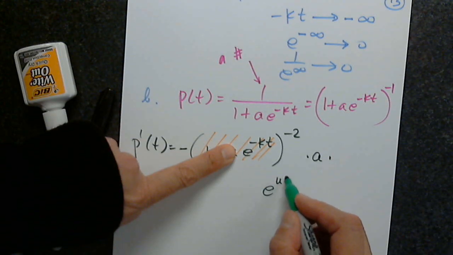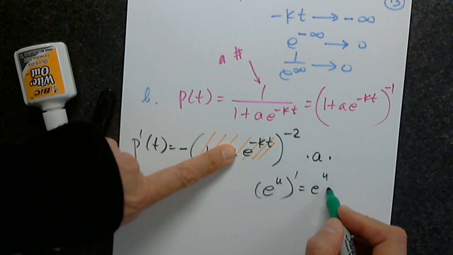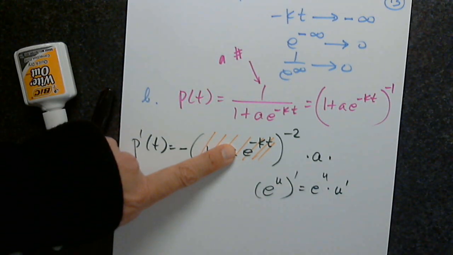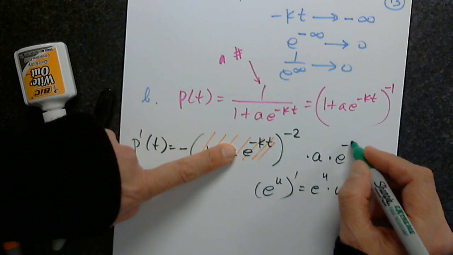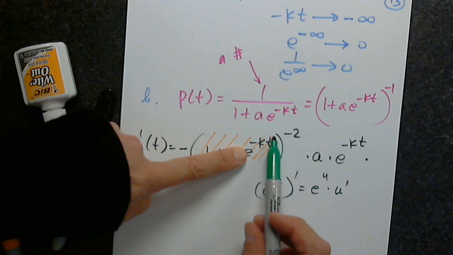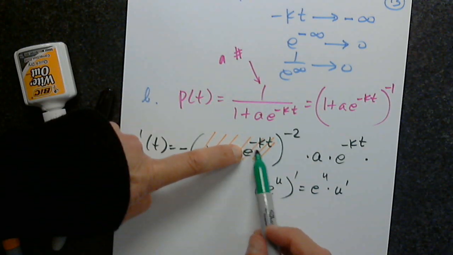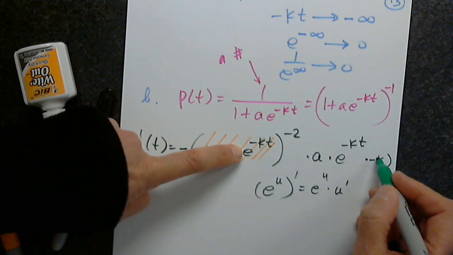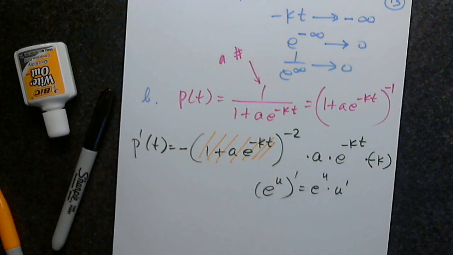So e to a function prime equals e to a function times the inner function prime. So this will be e to negative kt multiplied by this piece prime, negative k, because t prime is 1. Very good. Great job.